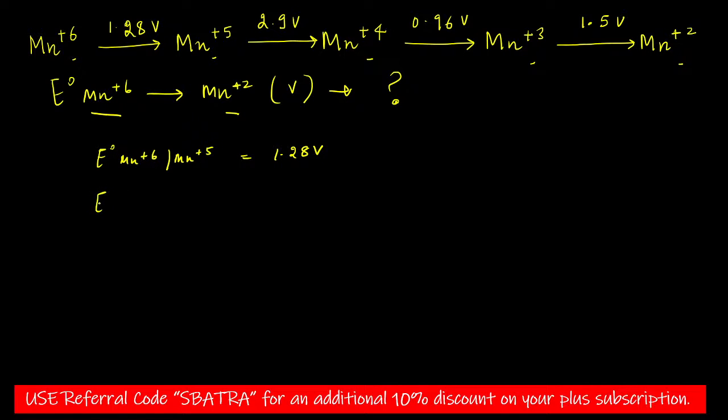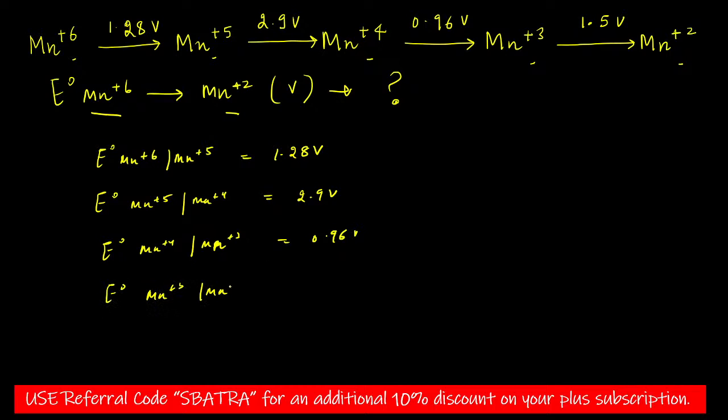Then E naught of Mn+5 to Mn+4 is 2.9 volts. Then E naught for Mn+4 to Mn+3 is 0.96 volts. Then E naught of Mn3+ to Mn2+ is 1.5 volts.